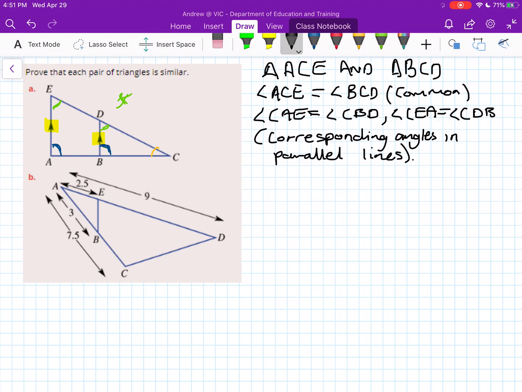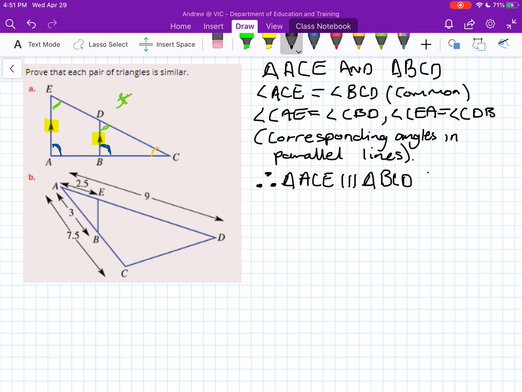Alright. So now we just need to put our similarity statement. So with this, therefore, triangle ACE is going to be similar to triangle BCD.